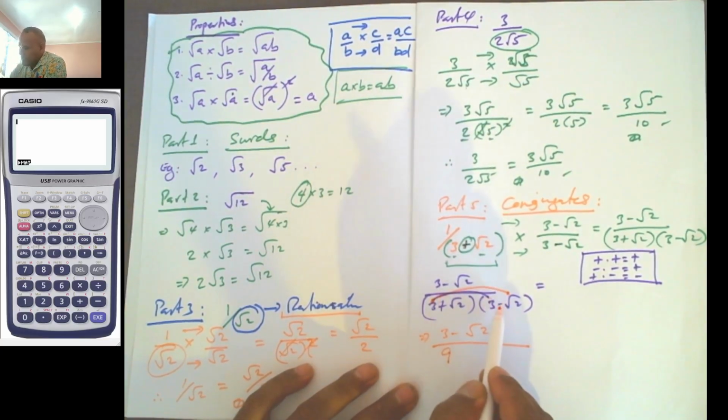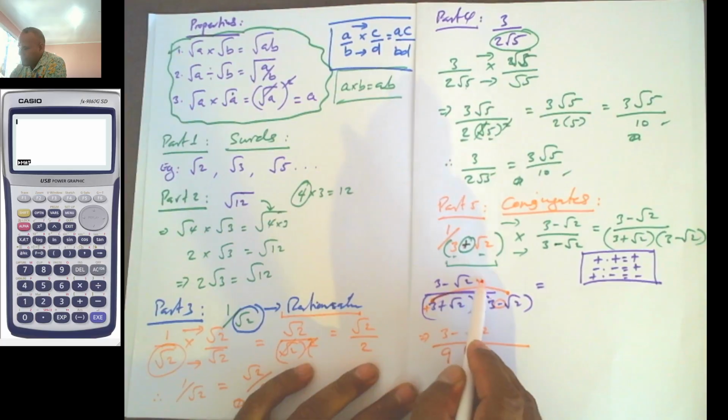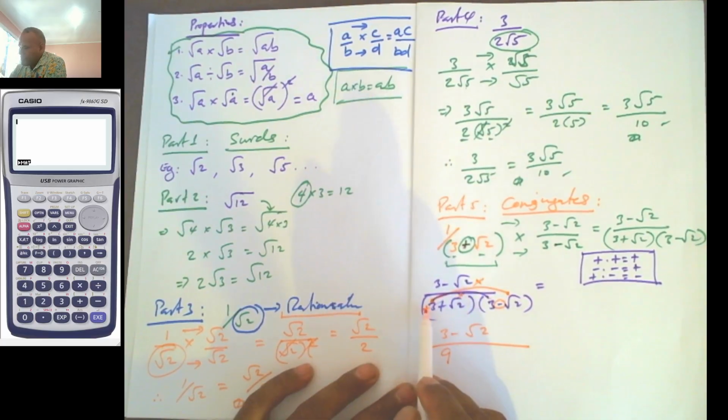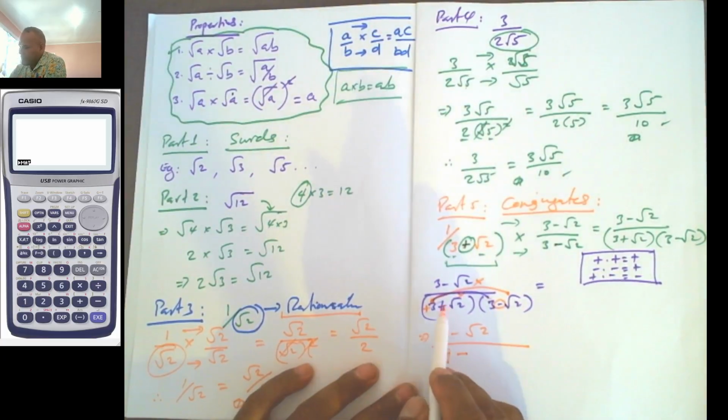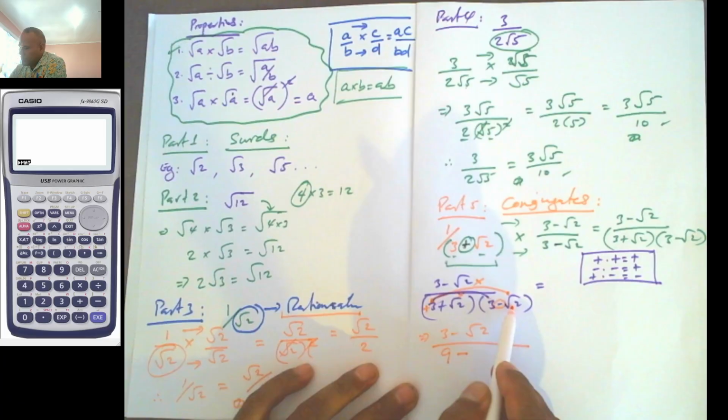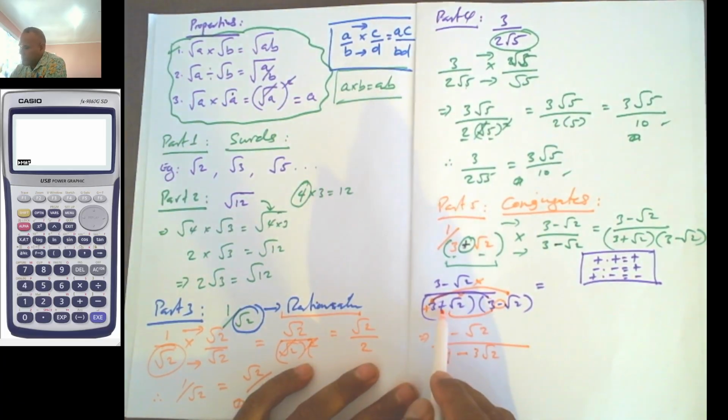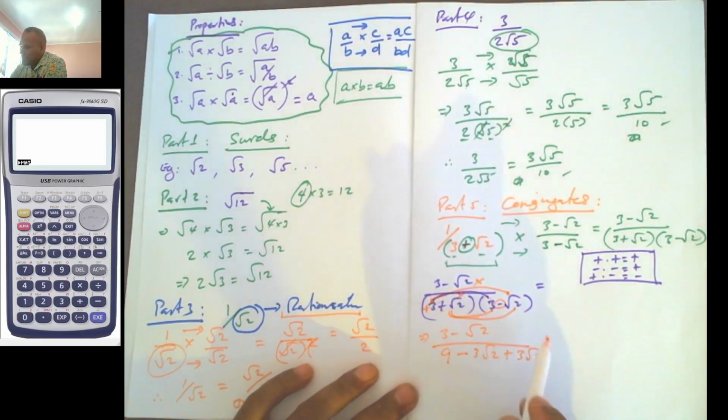Then positive times negative is negative: 3 times root 2 is 3 root 2. Positive times positive is positive: root 2 times 3 is 3 root 2. Positive times negative is negative: root 2 times root 2 is root 2 squared.